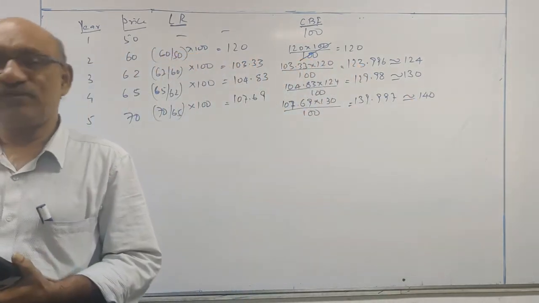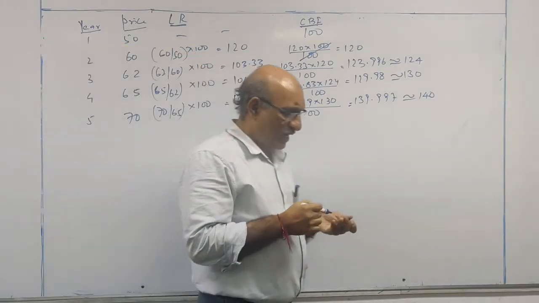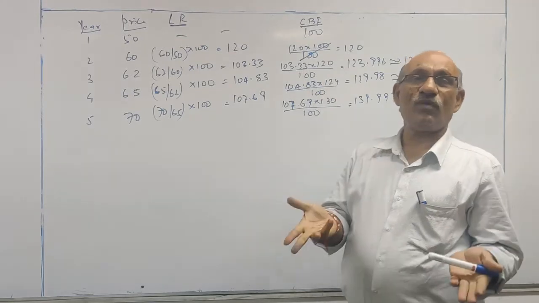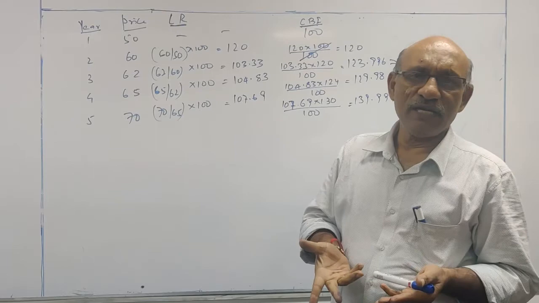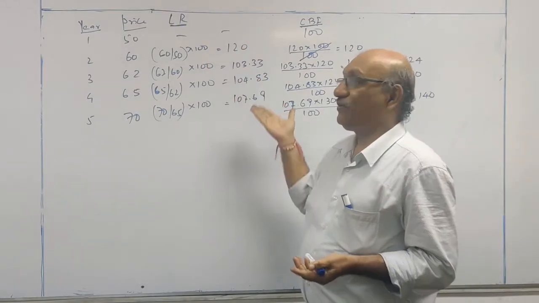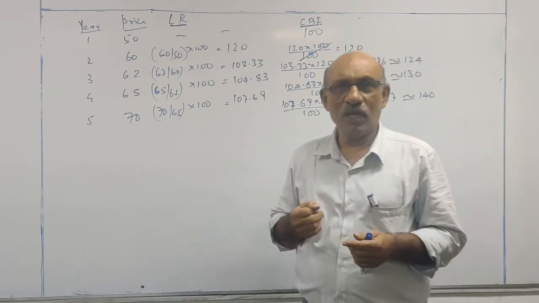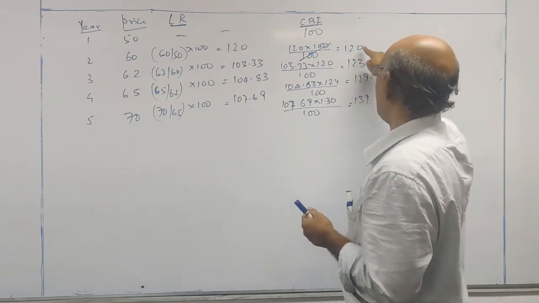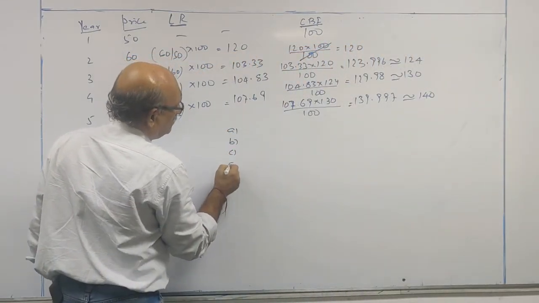This way, chain based index numbers can be calculated when prices of a commodity in different years are given. After doing these calculations, what will I do, sir? You may get a readout. Now we have nothing to do with this. Prices are given, they asked you to calculate chain based index numbers. Suppose the same question is given in the exam, these are available as options: option A, option B, option C, option D.